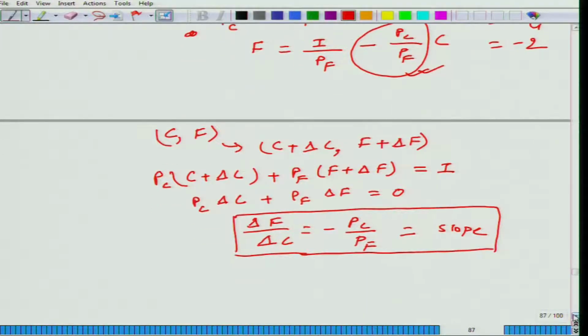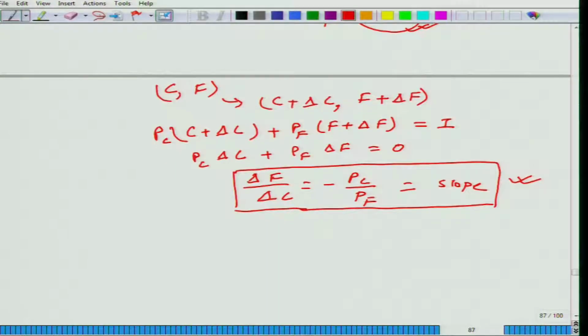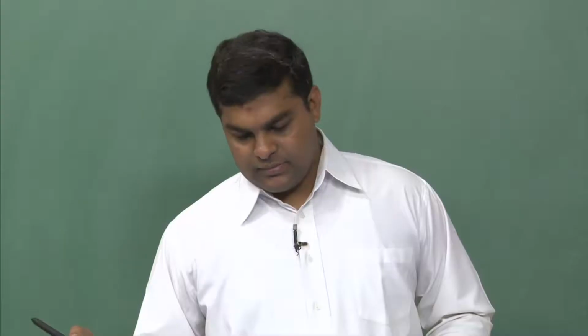And what does it indicate? MRS. Right now we have not studied the MRS, we will study it later on, so we will come back to that. This indicates slope, and this also indicates relative price, the price of coconut with respect to fish.